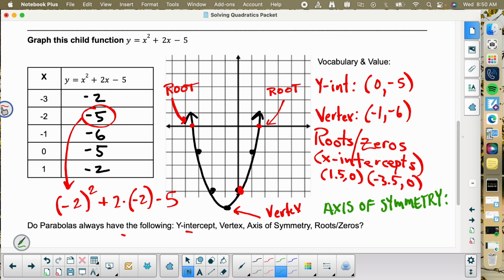Most people think of the axis of symmetry as a mirror image line, or a line that if you folded the piece of paper on that line, your graph would be a mirror image. I don't know what would be the easiest way for you to try to describe it to me.